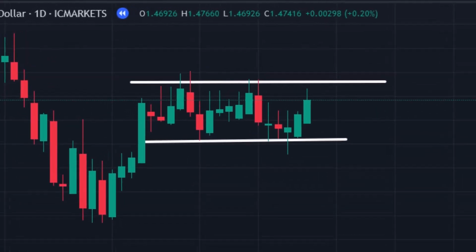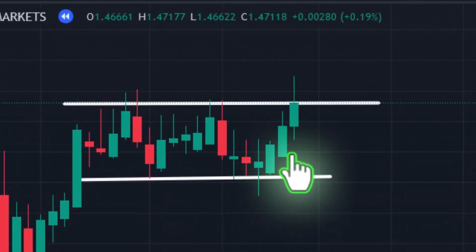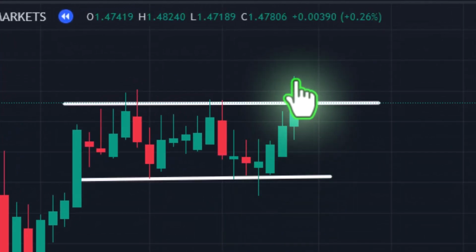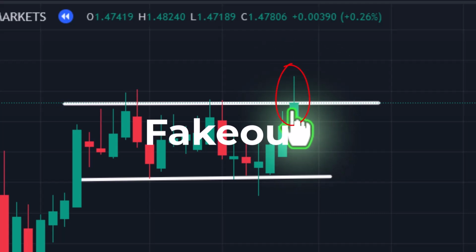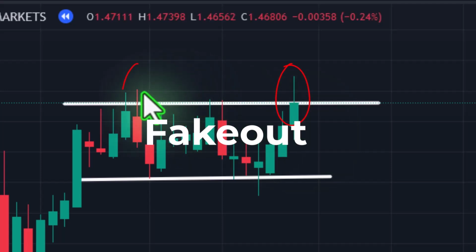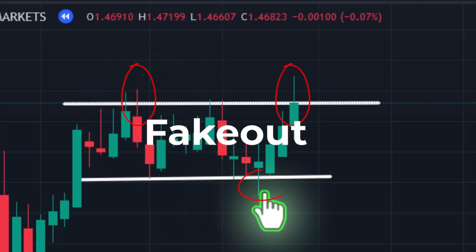So after this, the next candle close, we have a breakout. And after price broke out and got to this point here, it still closed right inside the rectangular pattern, which shows it is a fake out. Just as we have here, we have a fake out here, and we also have another fake out here.